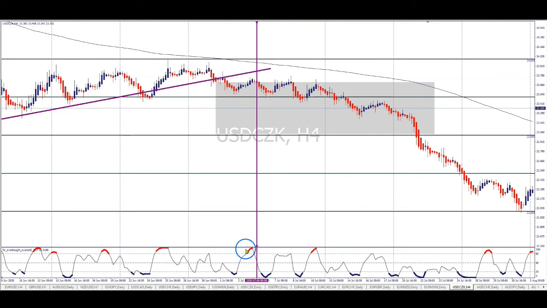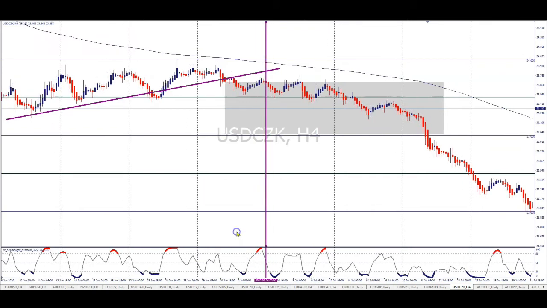Okay. Now there's a lot of different oscillators or momentum indicators that you can actually use in the market. Some people use the RSI, which is the relative strength index. Some people use the stochastics. I am a stochastic trader myself. I love using the stochastic.